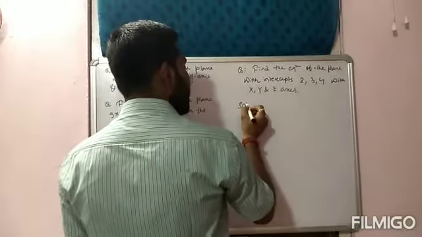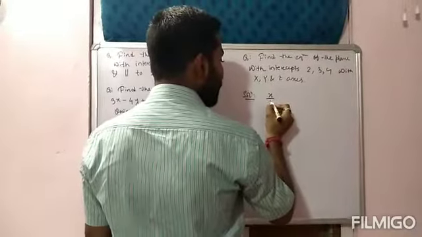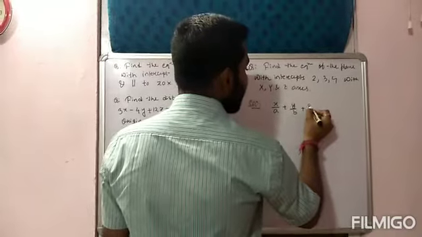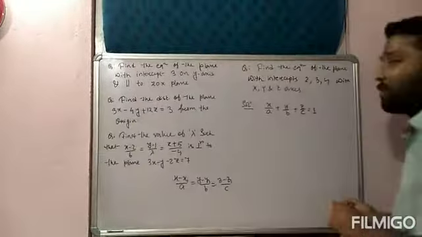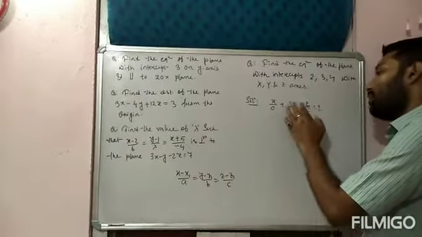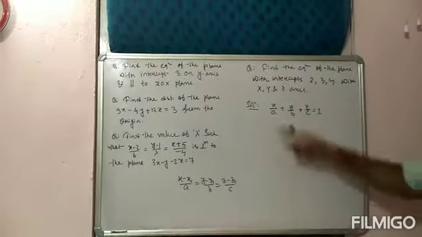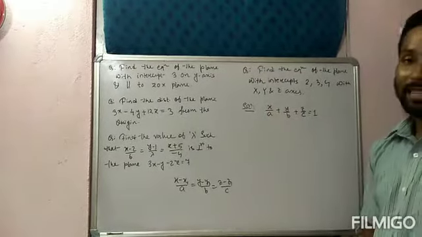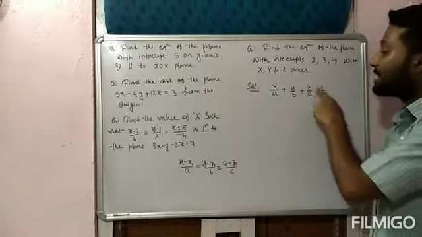So we know the equation of a plane in intercept form is x by a plus y by b plus z by c is equal to 1. Yes or not? Equation of a plane in intercept form is x by a plus y by b plus z by c is equal to 1. So a is nothing but the x intercept, b is y intercept, c is z intercept.